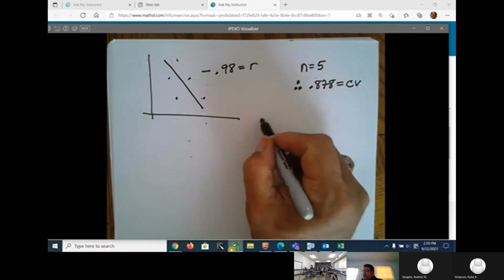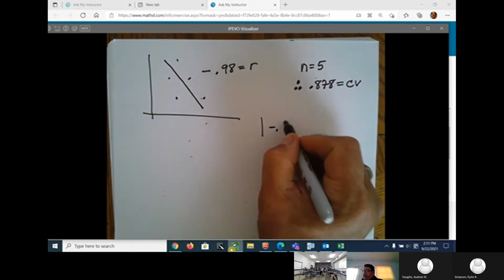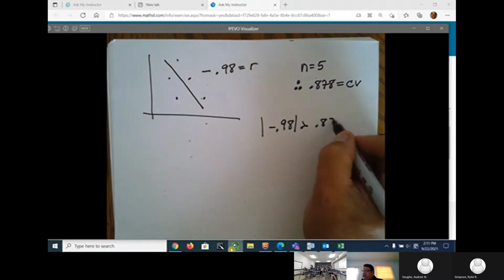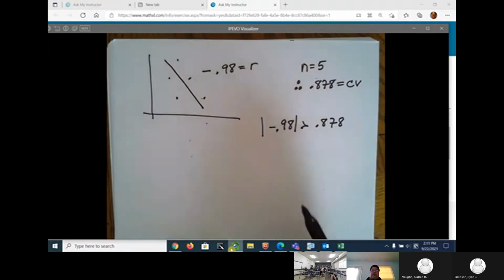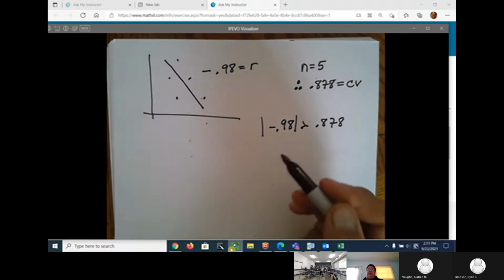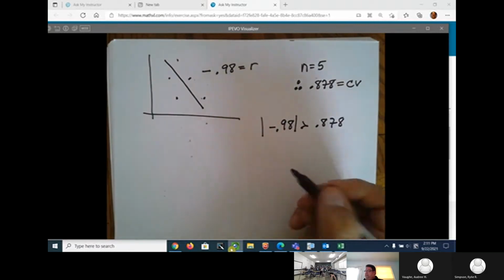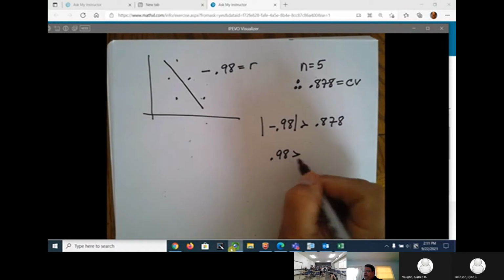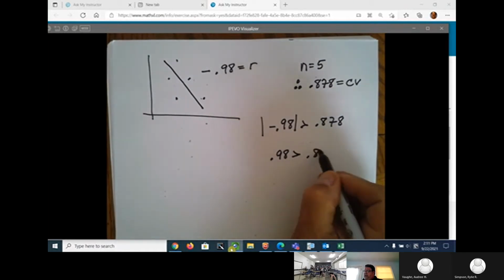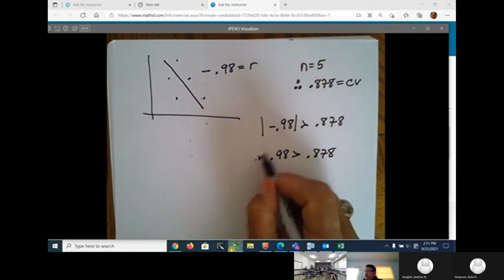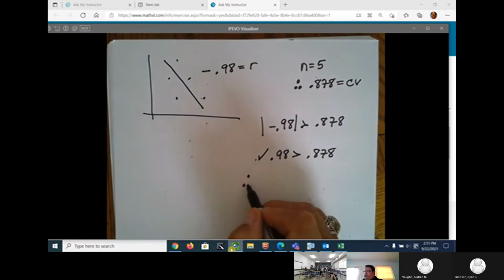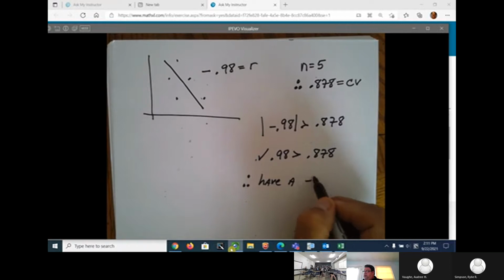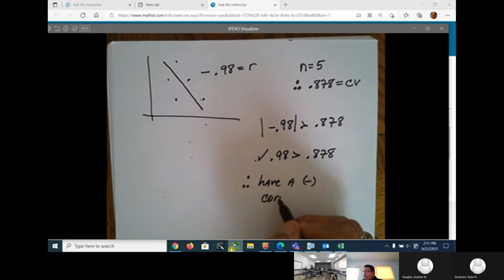And then you take the absolute value of negative 0.98. Is that greater than 0.878? What is the absolute value of negative 0.98? 0.98. Is 0.98 greater than 0.878? Yes. So therefore, you have a negative correlation.